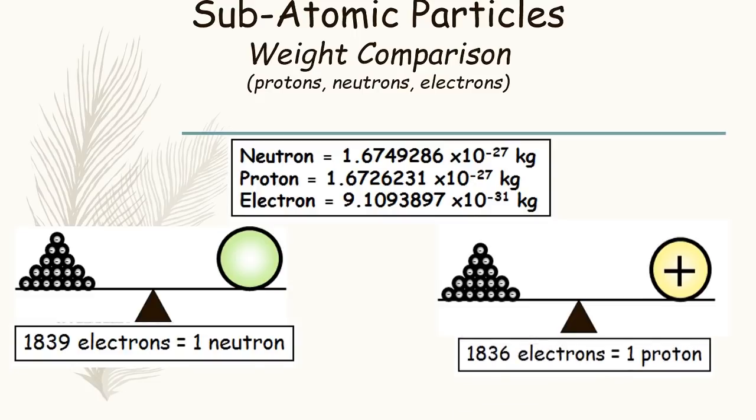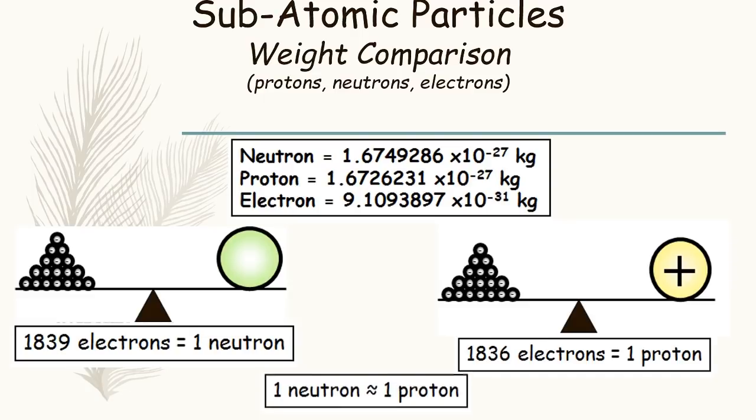And the same thing is going on with protons. 1,836 electrons is the mass of a proton. So ultimately, what you can conclude from that is a neutron is pretty much the same as a proton as far as mass goes, while the electrons really don't contribute at all to the mass. They're down in the thousandths place of the decimal of the mass of the atom, so you're not going to actually pick that up very easily.